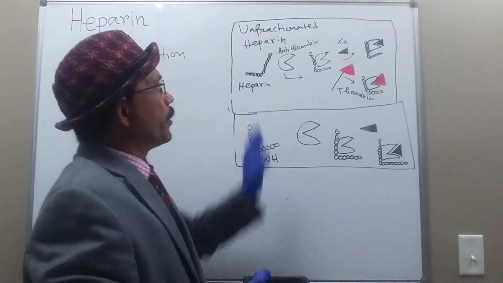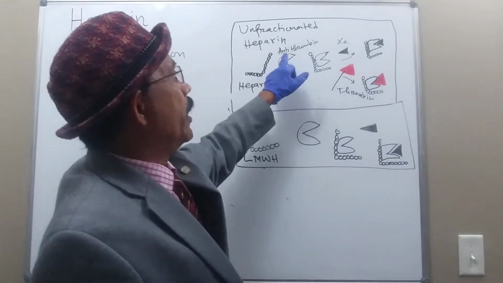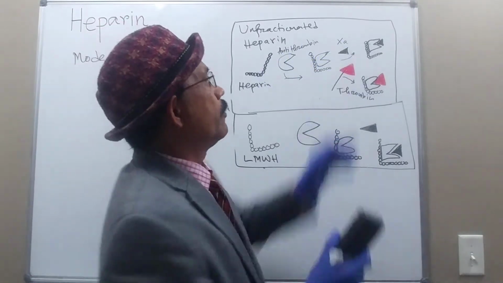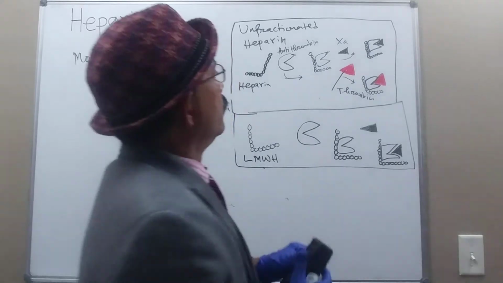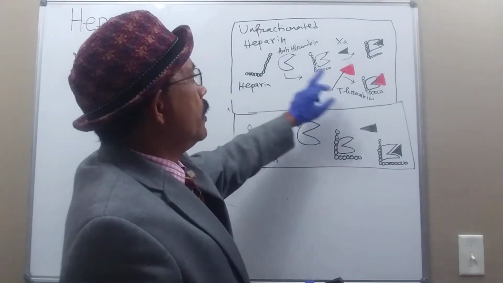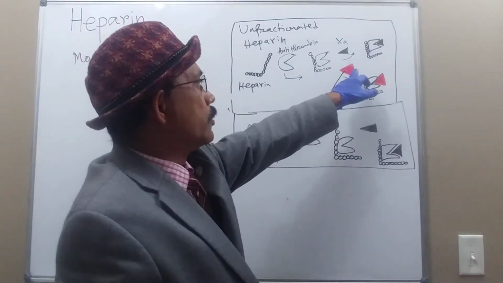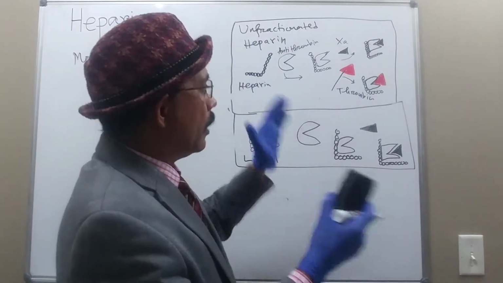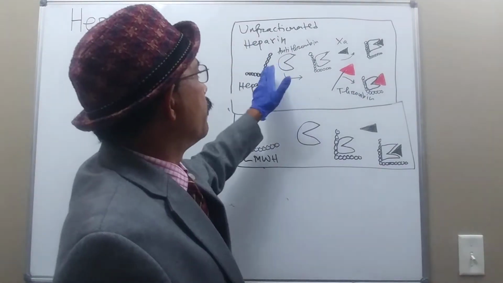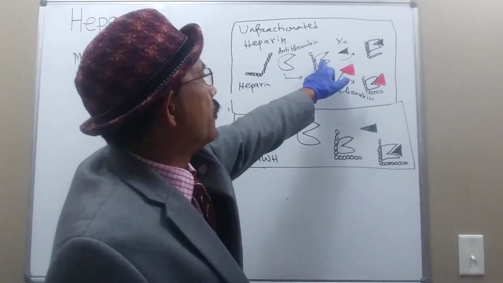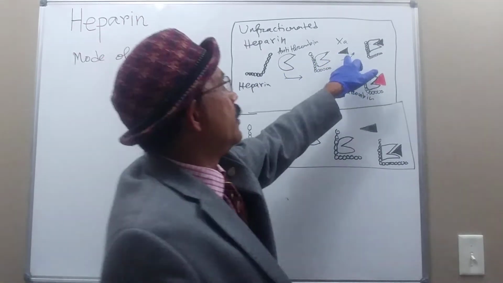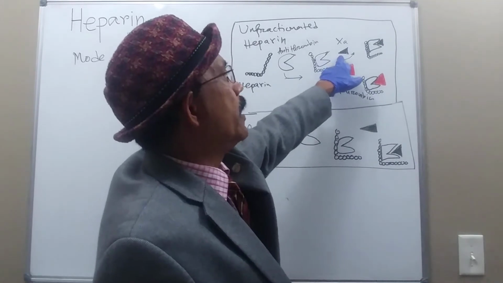In the presence of heparin, the attachment of antithrombin to factor 10A, and also to thrombin, will be accelerated. So this is heparin, this is antithrombin, and this is factor 10A.